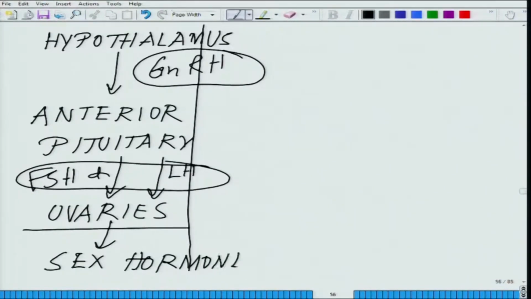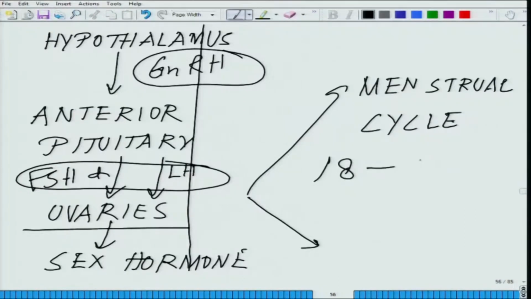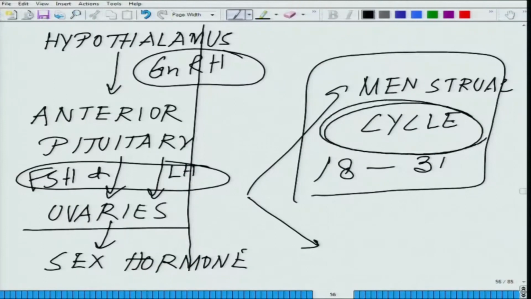So, what we will do now, we will talk about two aspects here. We will talk about the menstrual cycle, which I have already mentioned, lasts for some 18 days up to 31 days. And what is this cycle? This is the important part, this cyclic fashion, and we will talk about the fertilization, what happens after fertilization.